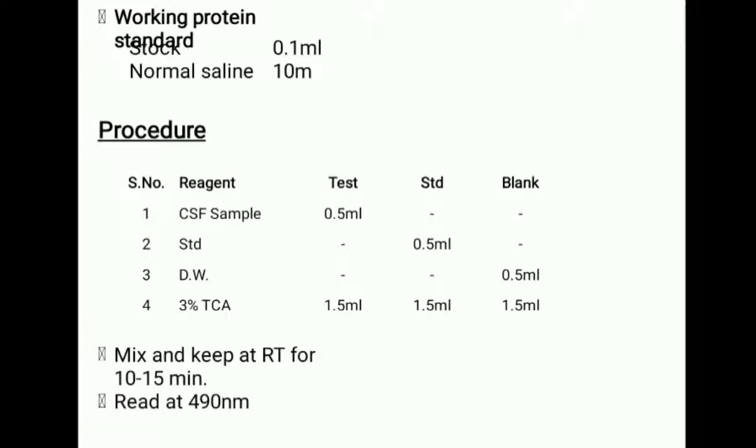Talking about the procedure, we will take CSF sample around 0.5 ml as the test, standard 0.5 ml in a test tube, and distilled water in the blank 0.5 ml. Then 3% TCA is added to all three test tubes, that is test, standard and blank. Mix them and keep at room temperature for 10 to 15 minutes and then read at 490 nanometers.